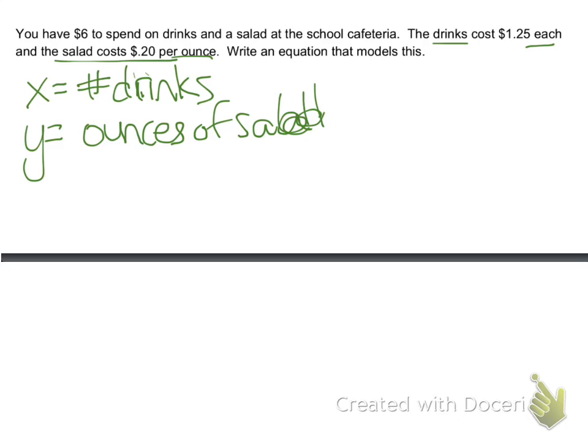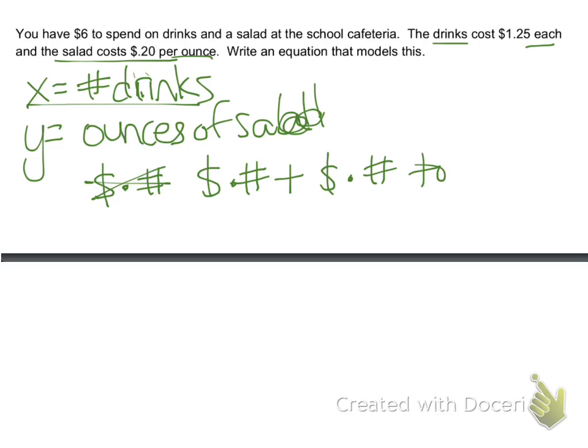So using the model of unit price times the number that we're getting, that won't work because x is the number of drinks. So it's going to be the price times the number, plus the price times the number, and that's going to equal the total cost.